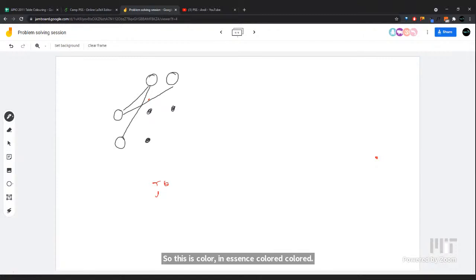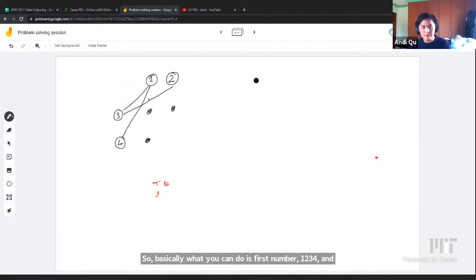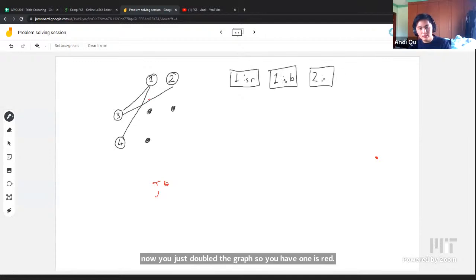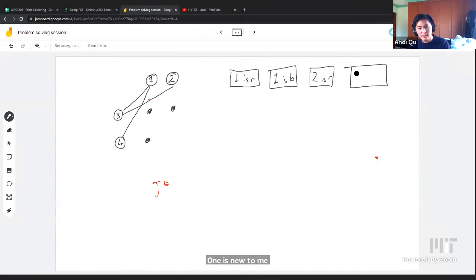So basically what you can do is first number them 1, 2, 3, 4. And now you just double the graph. So you have 1 is red, 1 is blue, 2 is red, and 2 is blue, and so on for all of the nodes.